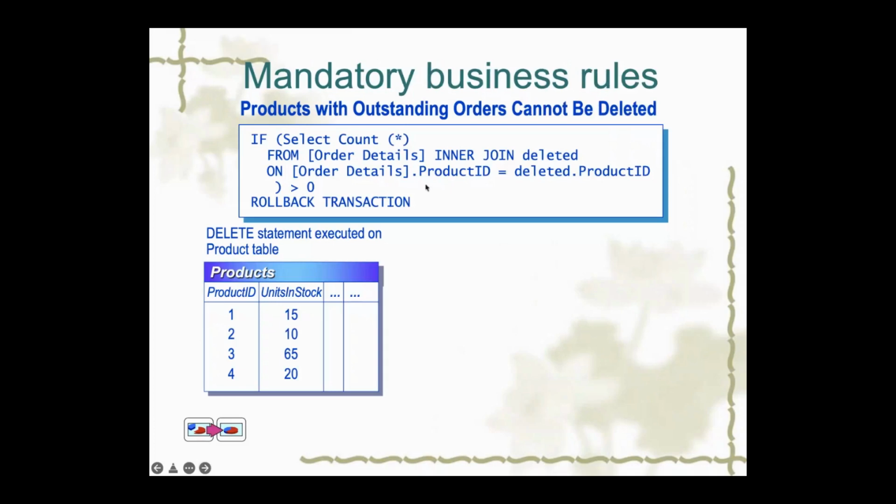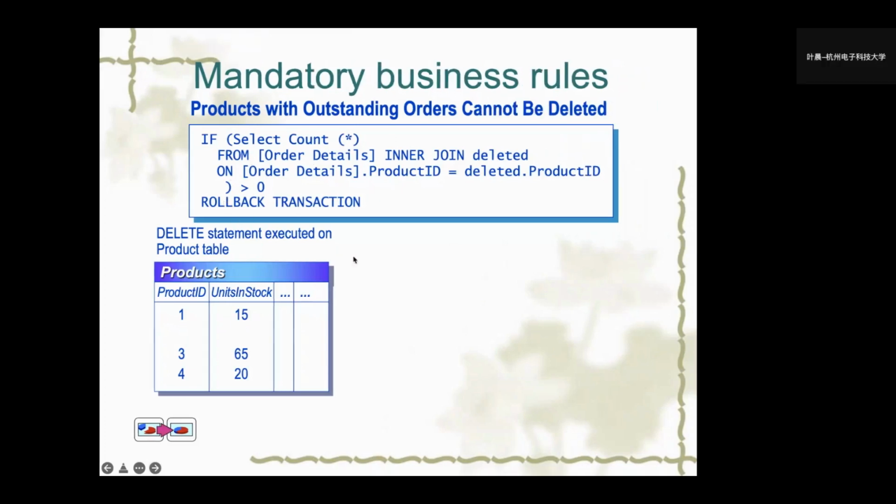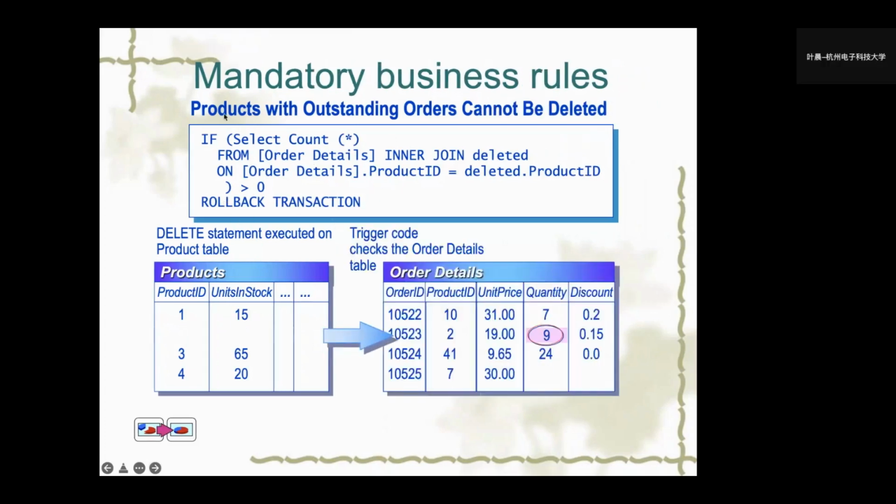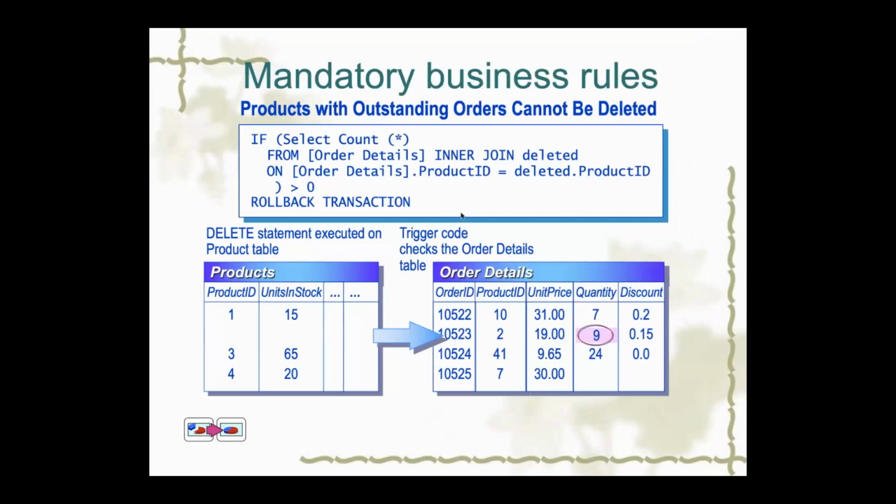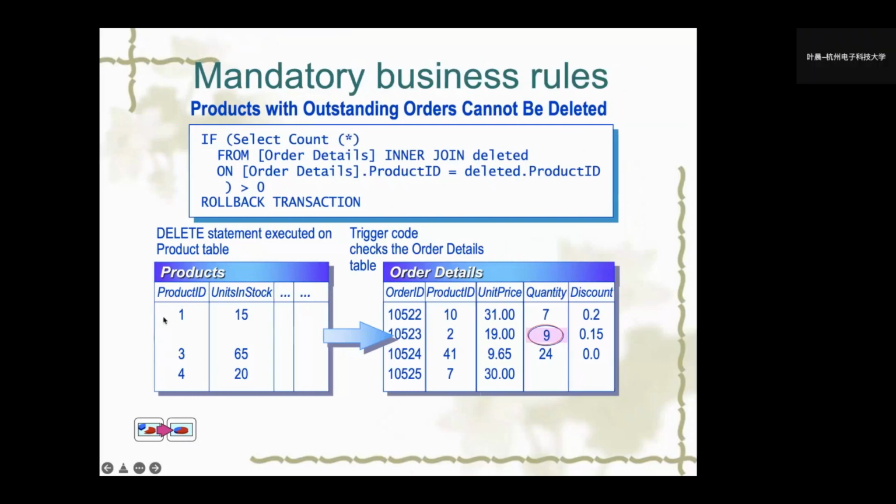So here, if we want the products with outstanding orders not to be deleted, we can use this kind of SQL language. So if we want to delete these tuples, it will use the trigger code to check the order details table here.